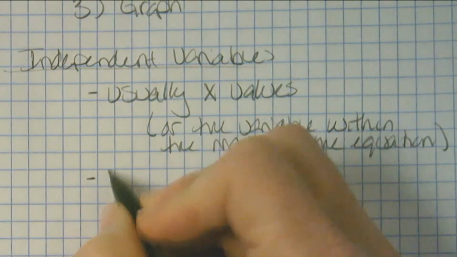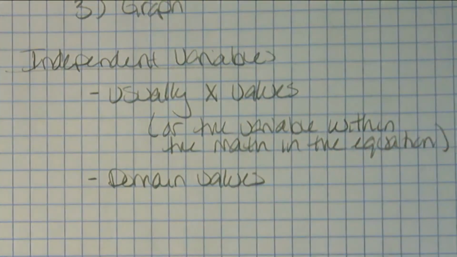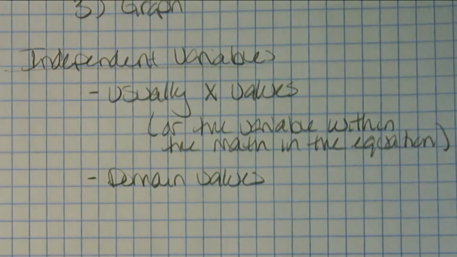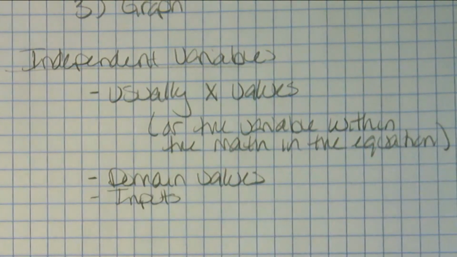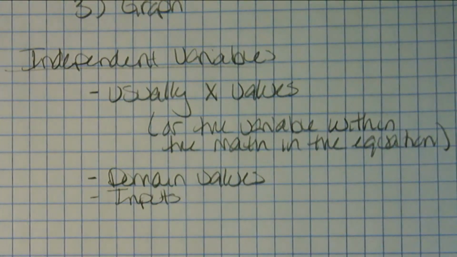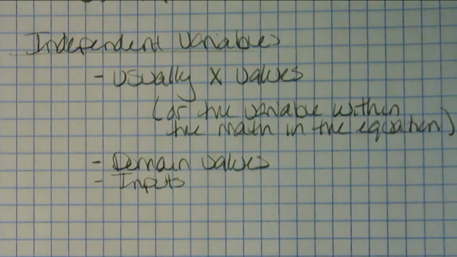All right, these are also our domain values. These are all words for the same thing. They're also our domain values. They're also our inputs. It's the values we're putting in to get our range values or our independent information.